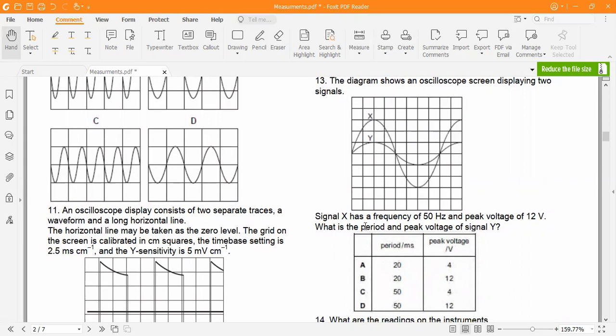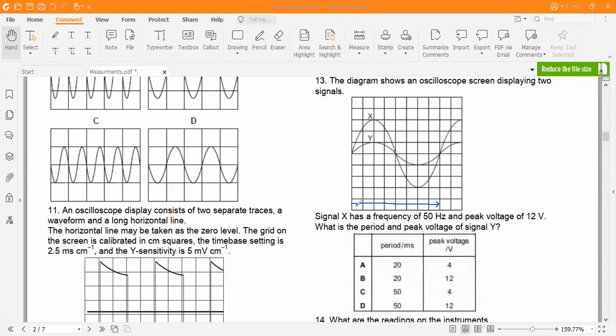frequency again. If I want to find the frequency, I know that frequency is the number of waves completed per unit time. Just by looking at this graph, I can see that the frequency of both X and Y are equal. So if you see from here, the time taken by X to complete one wave is from here to this point.